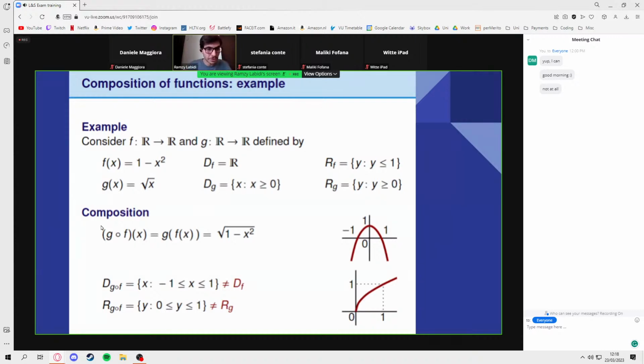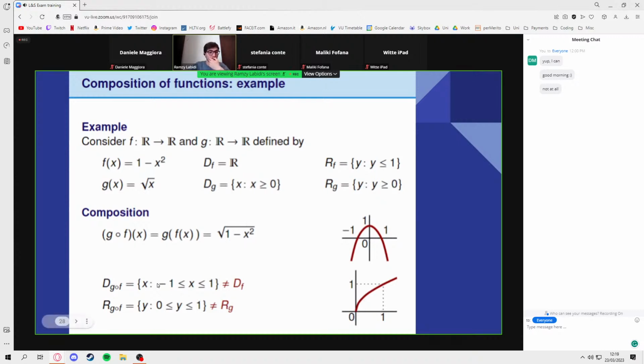So a good example would be g and f. If you look at 1 minus x squared, that's f. And then we have g of x being the square root of x. Therefore, since it's g of f of x, we put the square root of f of x, and that will yield the square root of 1 minus x to the power of 2, excuse me.